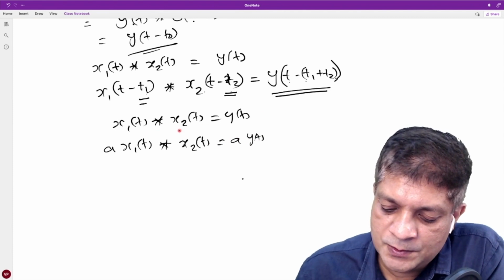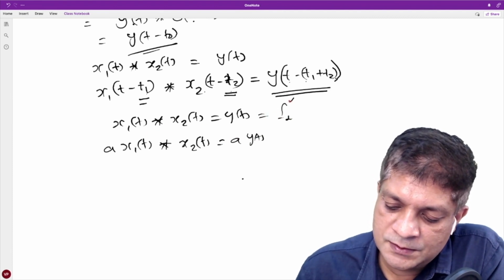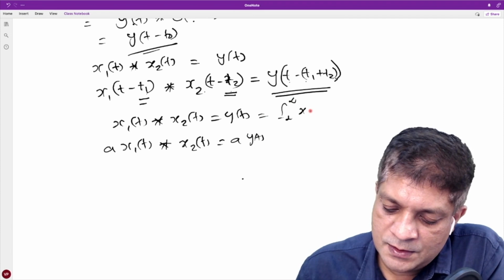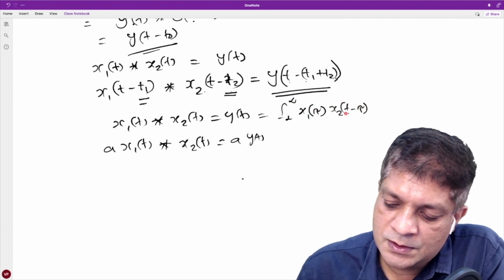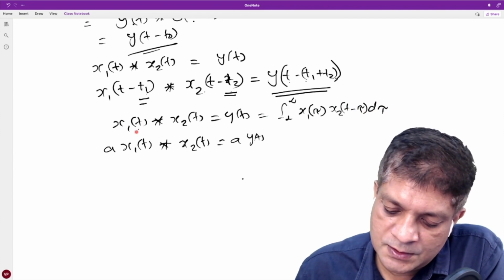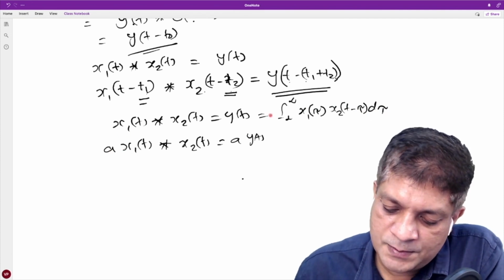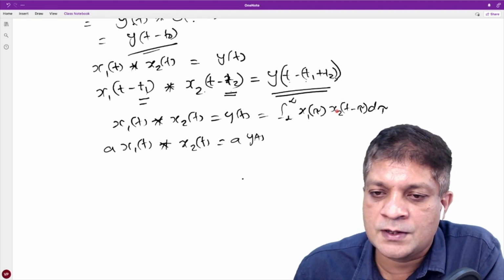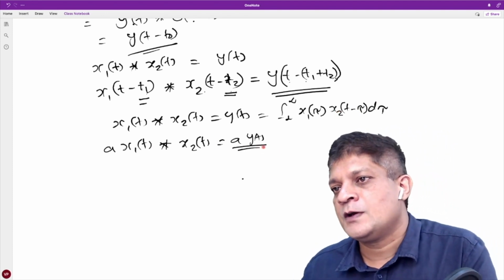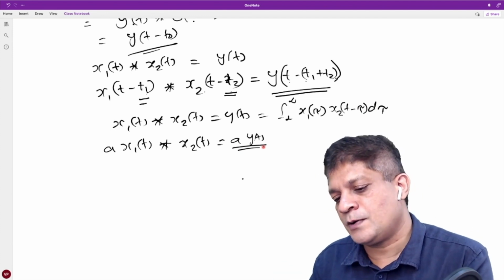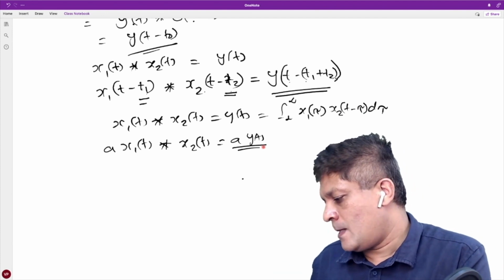If you put the integral from minus infinity to infinity of x1(tau) x2(t - tau) d tau, and replace x1(t) with a x1(t), you will get that result. Okay, this is a times y(t). So these are the main properties of convolution.